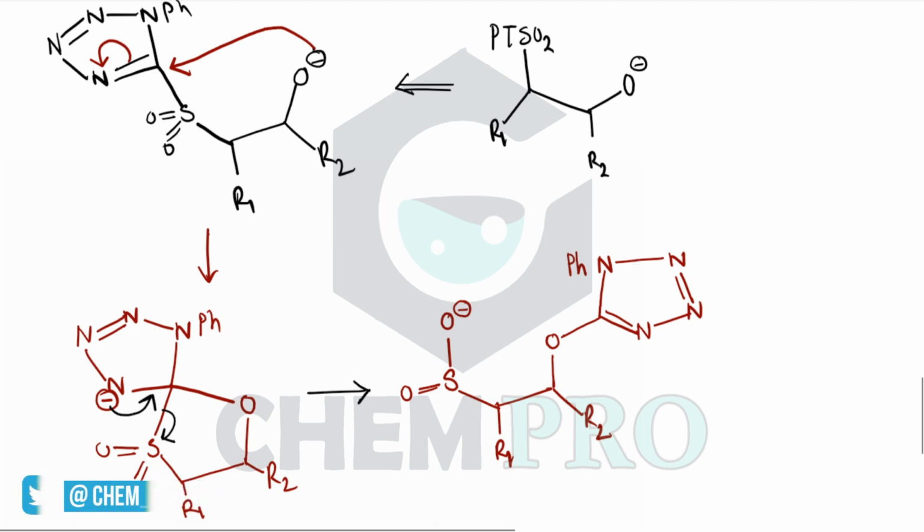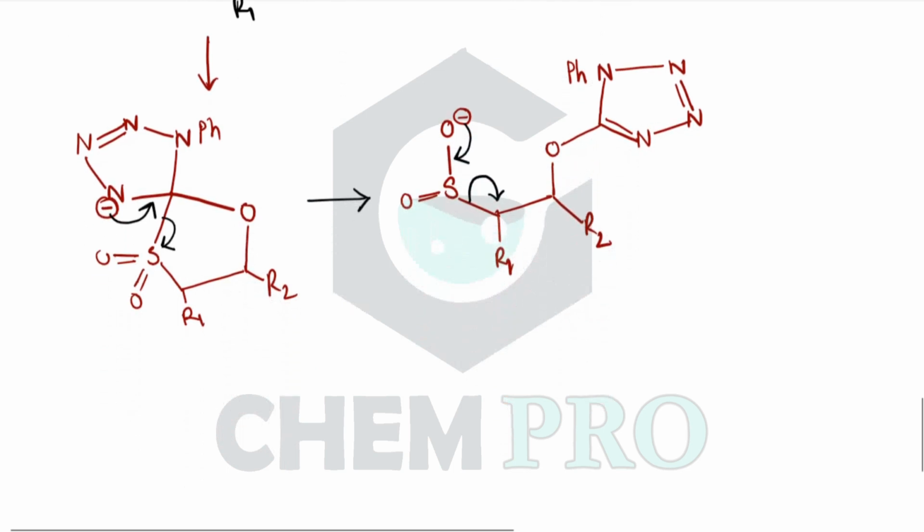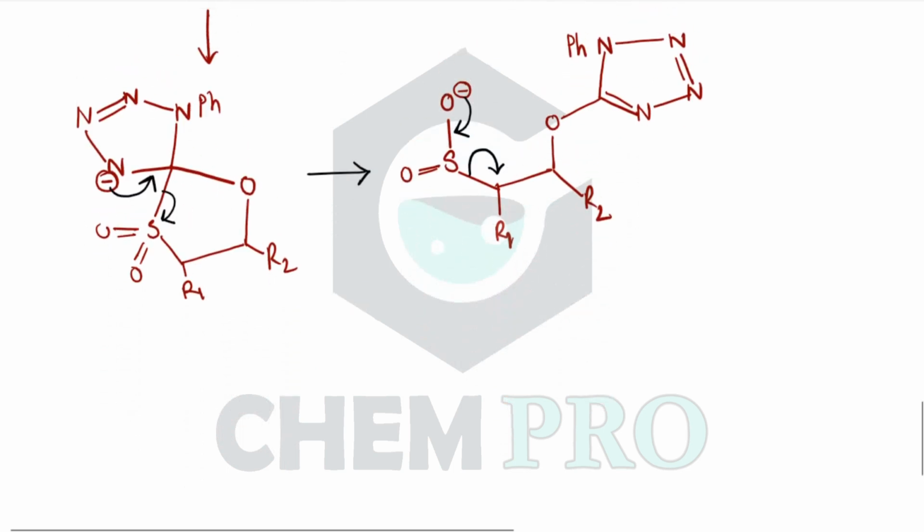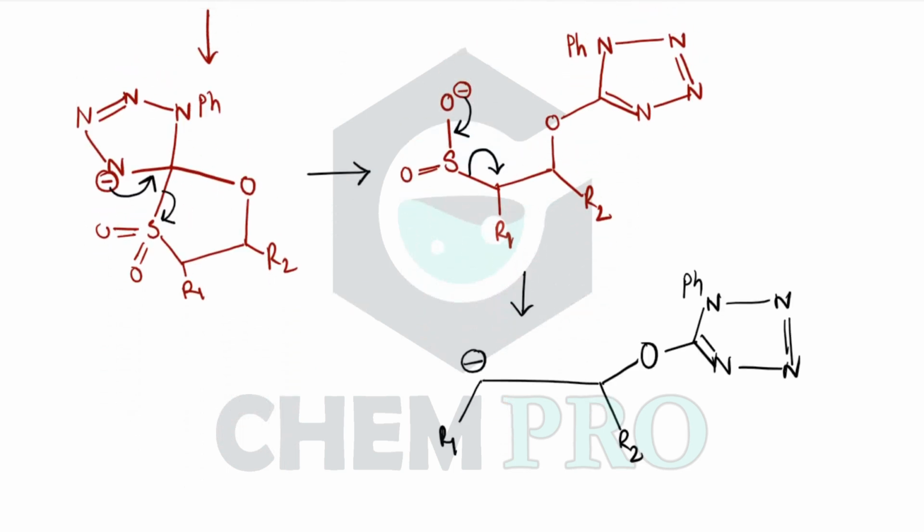Now here this O negative will make this double bond, and this part will make an anion on the carbon. So now here we have the anion. This R and R have to be anti to each other. Here the negative will make this double bond, and this will leave the moiety.